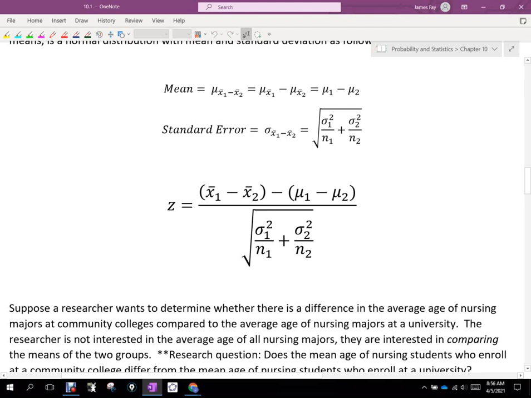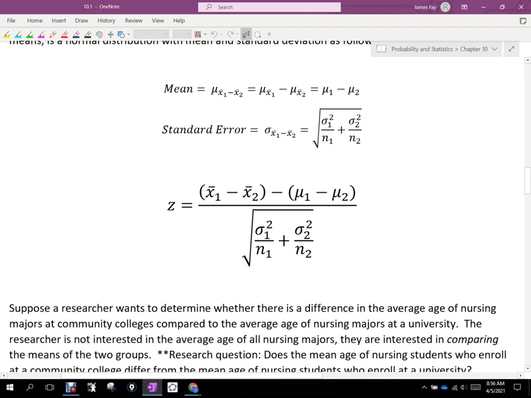We can break those apart like that. Okay, so you see this is different notation than that, which basically says the same thing as the population mean of population 1 minus the population mean of population 2. Standard error, okay, our sigma sub x bar 1 minus x bar 2 is found by using this formula here.